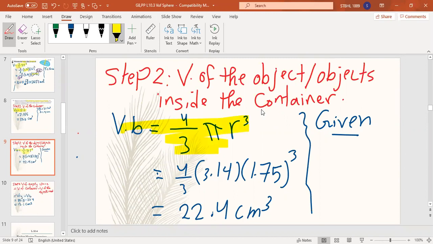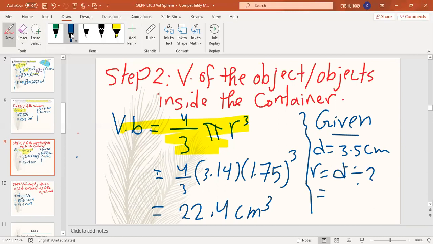The given here is diameter, d equal 3.5 centimeter. So I need to find r. R equals D divided by 2, which is 3.5 divided by 2 equals 1.75 centimeter.